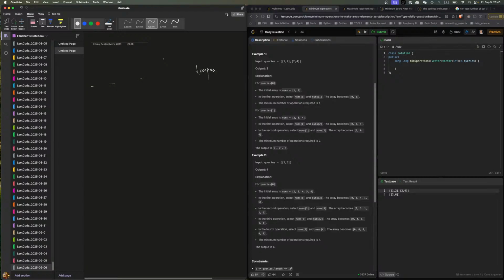So maybe what we need is the largest and the second largest, and then we find if there's any remnants. We do that, largest, second largest, and then we have a new value.